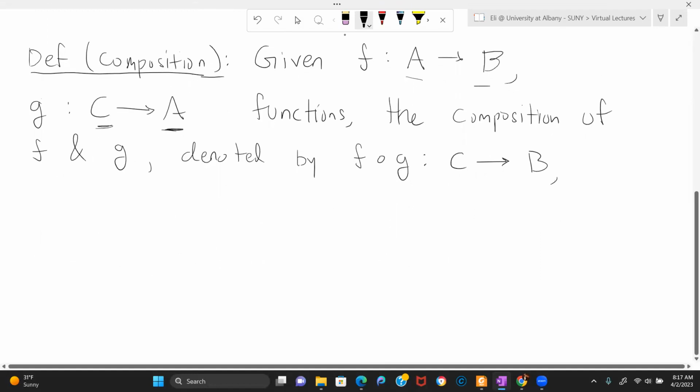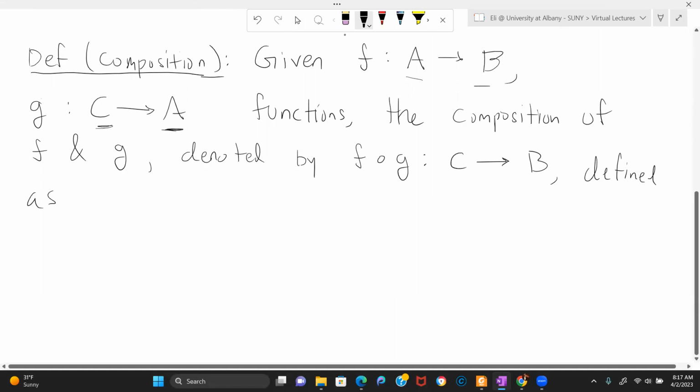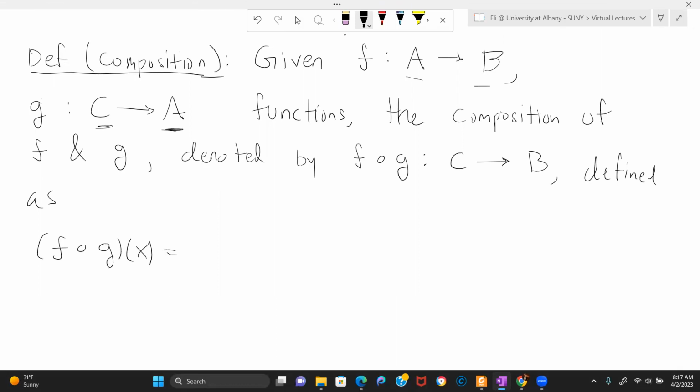It's a function from C to B, and it's defined as follows. In order to define a function, I need to know the domain and the codomain, and then the rule. So how is the rule defined? It's exactly what I said in words.